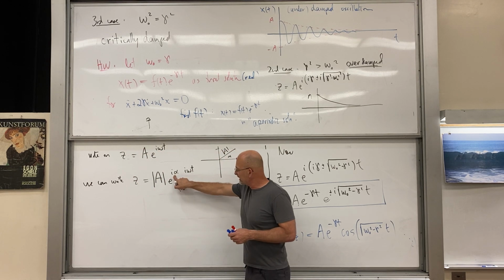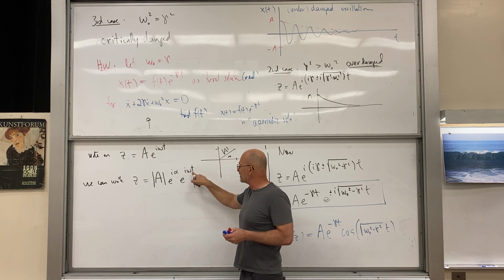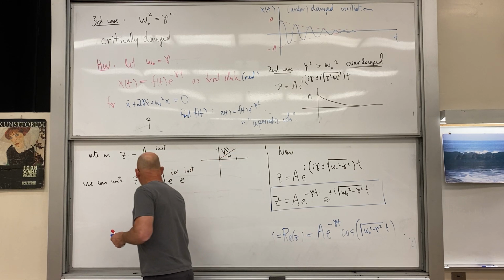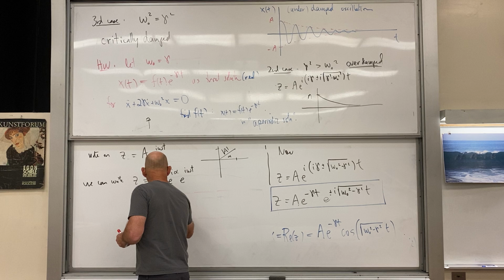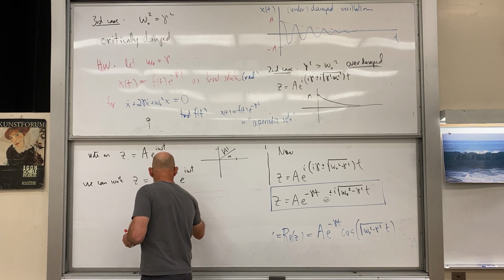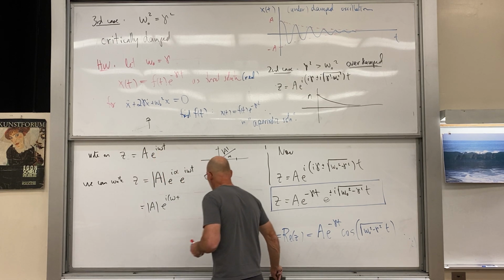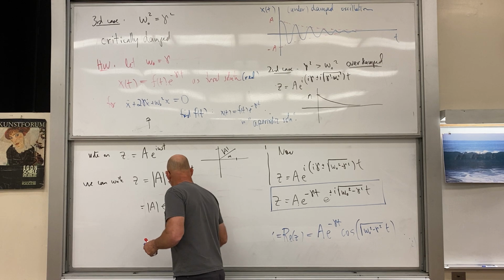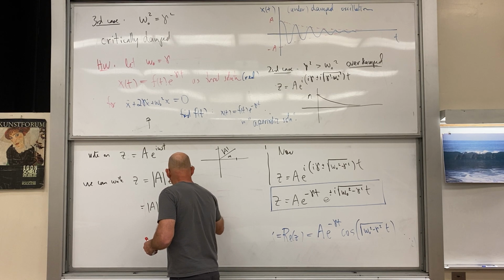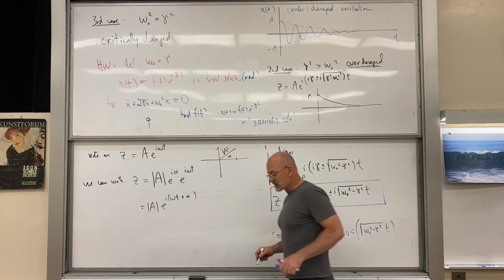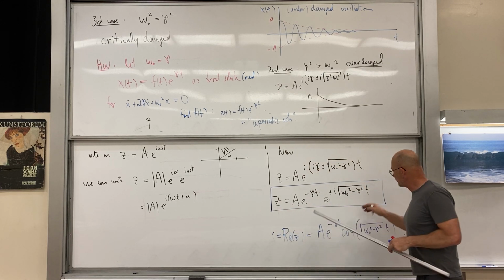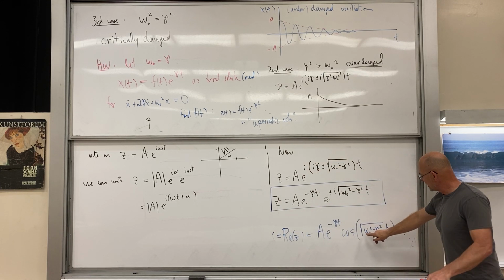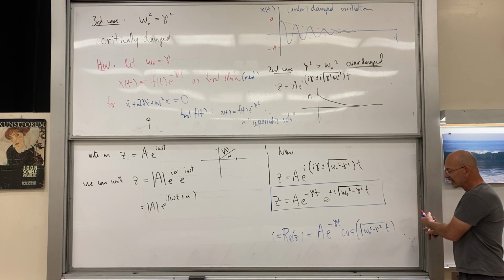That'll bring the alpha into here, equals A e to the i omega t plus alpha. And notice the alpha was not being multiplied by the t. So it would just be here, cosine this times t plus an alpha.